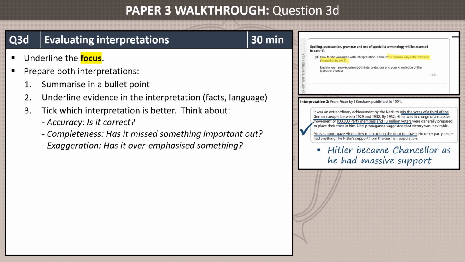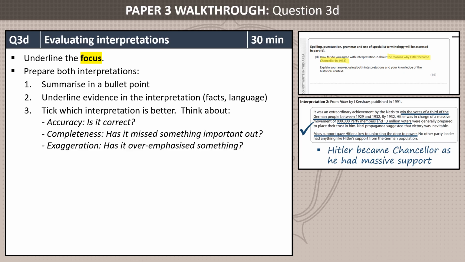In other words, which is more correct? Which interpretation is more complete? Has one of the interpretations missed out something really important? And also, which interpretation has exaggerated? Has one of them overemphasised the importance of something?